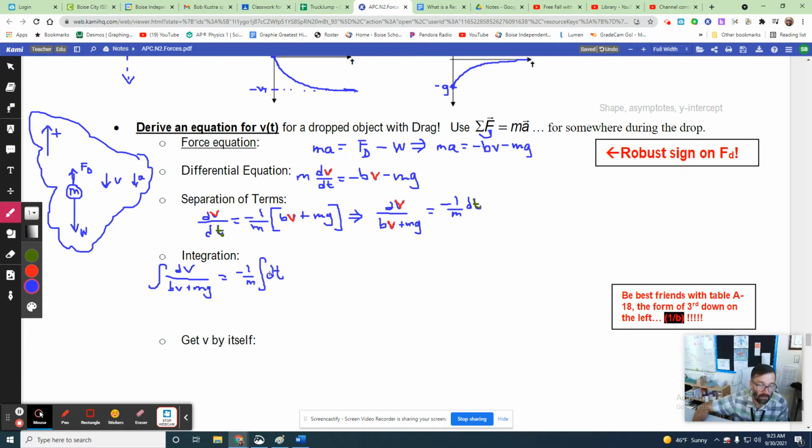So this is t to the 0th power, basically. We're going to integrate from our starting velocity to any velocity afterwards. And that's going to correspond to our starting time of 0 when we first start looking at this thing, to any time t later that corresponds with any velocity v later.